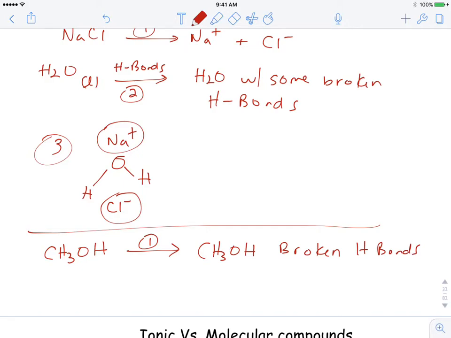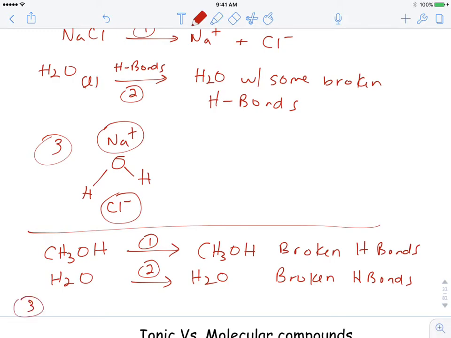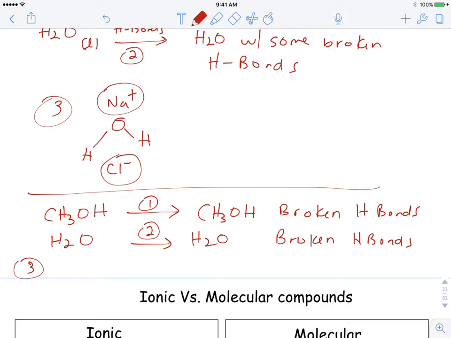And for my water, I would still have the same thing above, where I would still have my water, but again, I'll have some broken hydrogen bonds. And then I have my third step, which is where I form my solution. So in step three, now I'm going to have a new mixture formed where there are new hydrogen bonds formed.